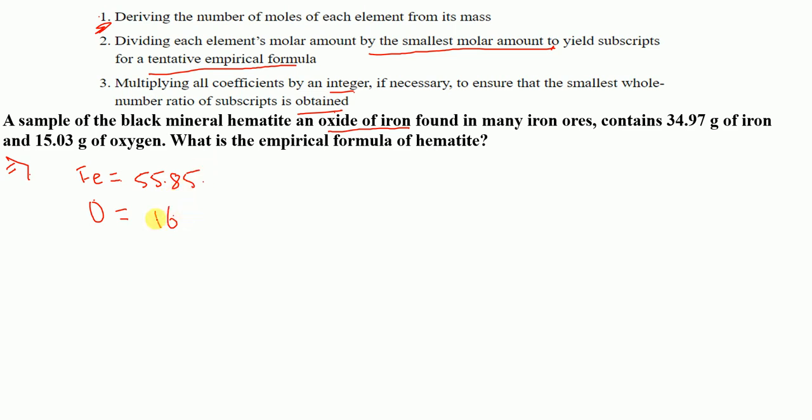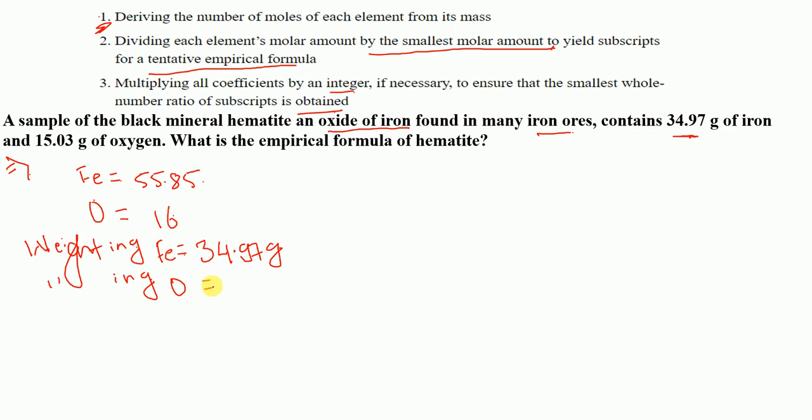Now we know the atomic masses, and we have also been given the weights in grams. The iron ore contains 34.97 gram of iron, so the weight in gram of iron is 34.97 gram, whereas the weight in gram of oxygen has been given to us as 15.03 gram.